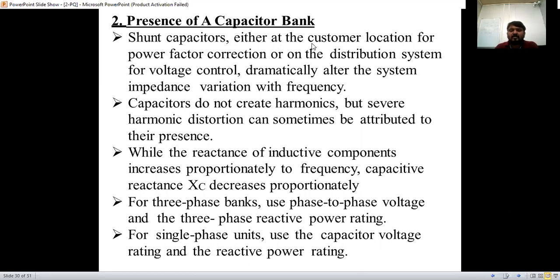Normally the capacitor will not affect anything, but during harmonic distortion, if we have installed a capacitor bank, it has a very high effect. For that reason we have to consider the capacitor bank as well when characterizing the power system.